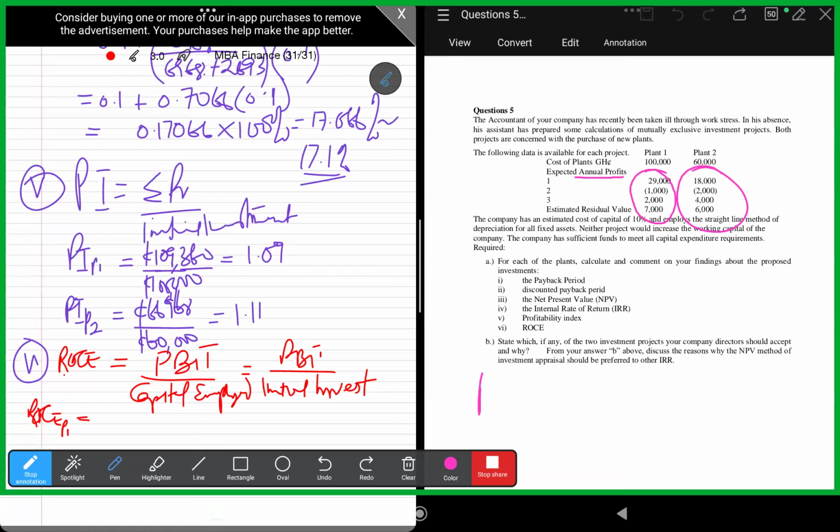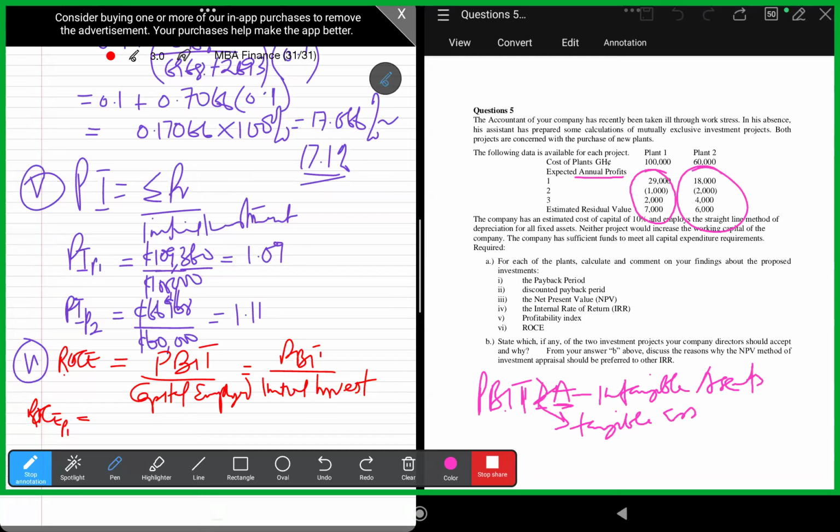Here we have what is called PBITDA: profit before interest, taxation, depreciation, and amortization. Amortization is for intangible assets, assets you cannot touch or feel. Depreciation is for tangible assets.